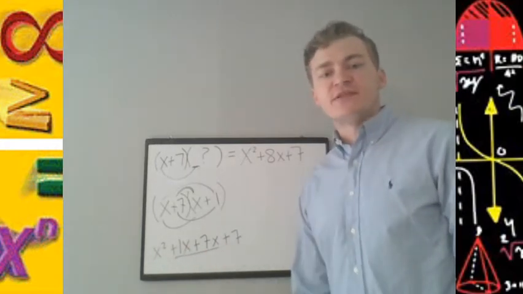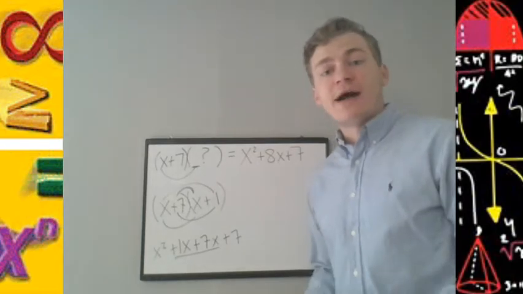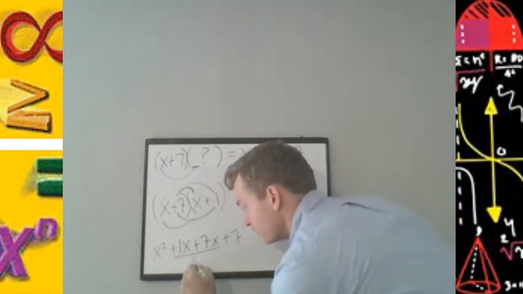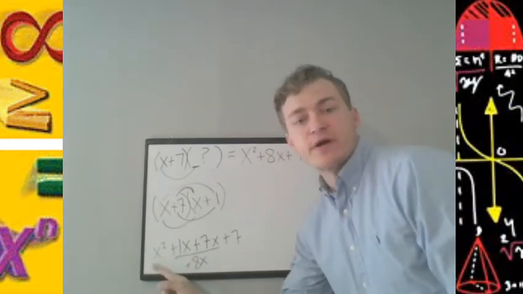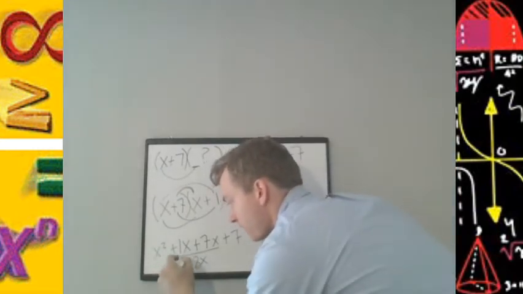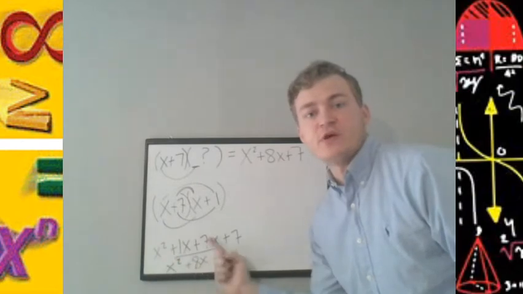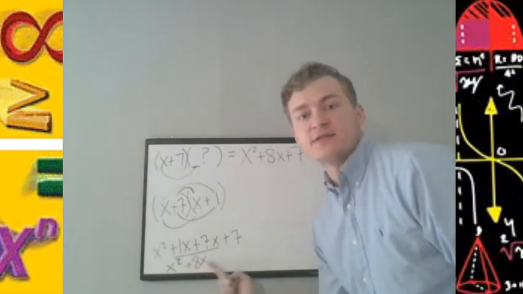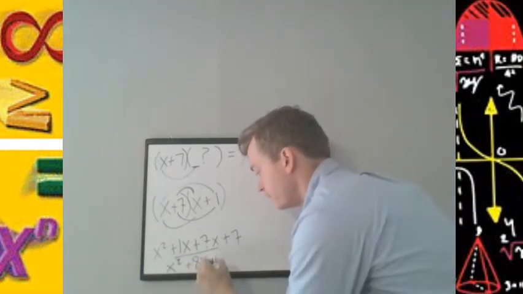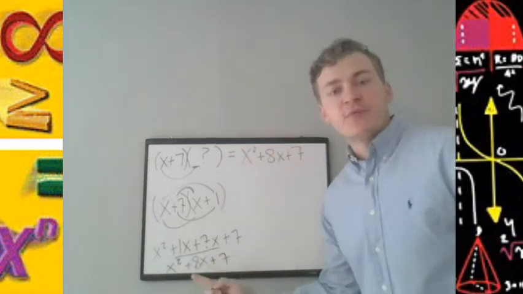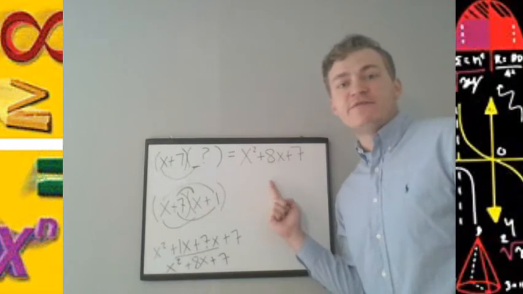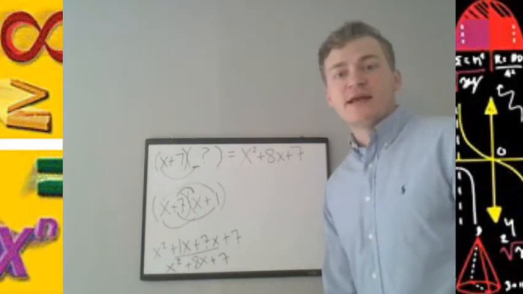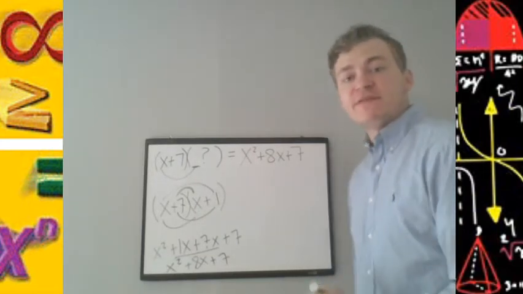Here I have 7 x's. How many total? I have 8 x's. So as we see here, x squared plus 8x plus 7, confirming that the product of x plus 7 and x plus 1 is in fact x squared plus 8x plus 7. So what is our missing factor?